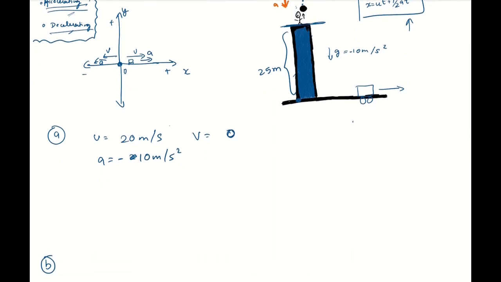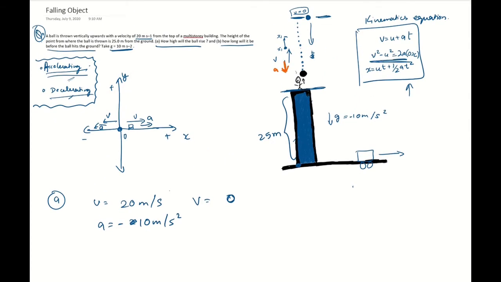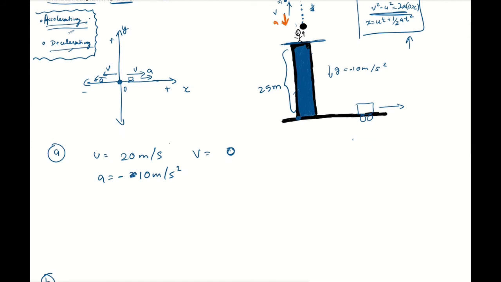So we are going to use the equation that we have already derived, which is v square minus u square is equal to 2a delta x. Delta x is nothing but the s or x that we used to consider before. It's the same thing, the change in the position of an object.